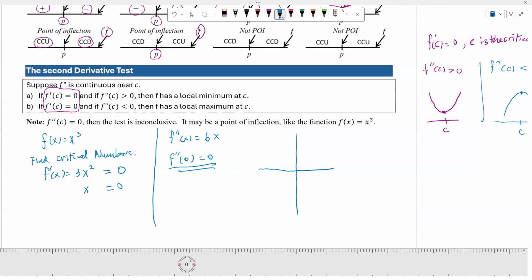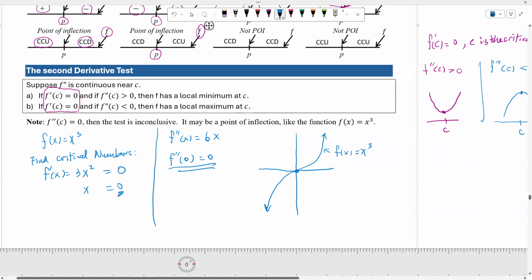And in this case, what do you have here? This is f of x equal to x to the power 3. Do you see that x equal to 0 is a critical number?